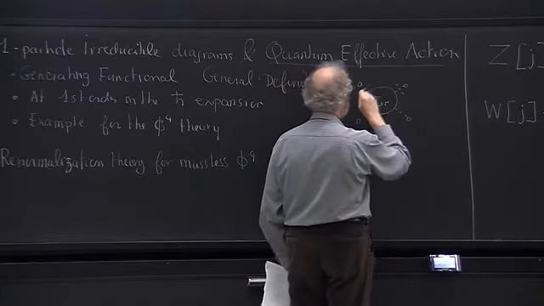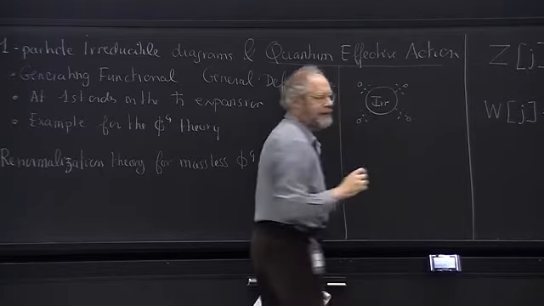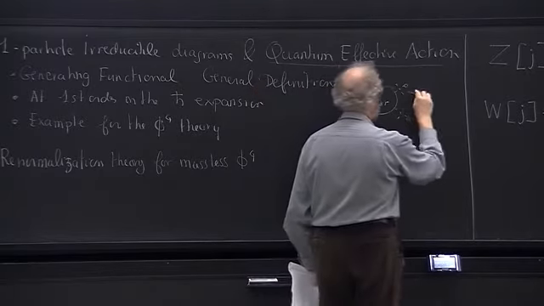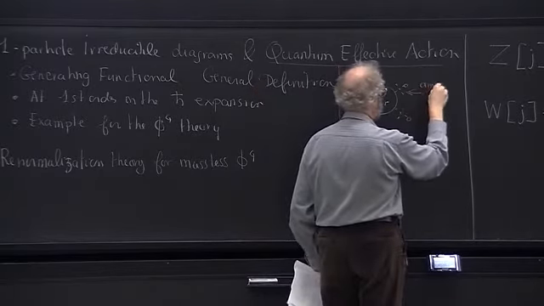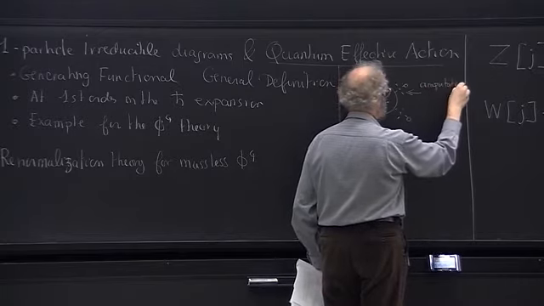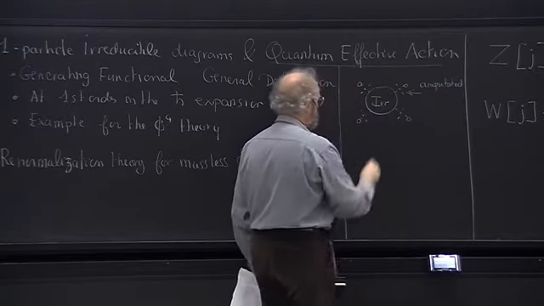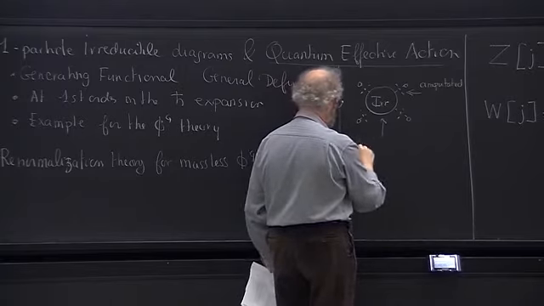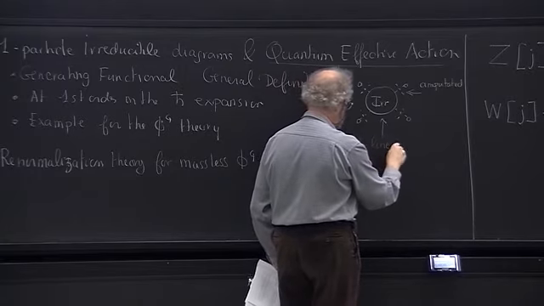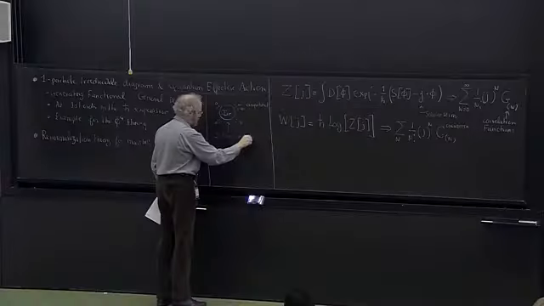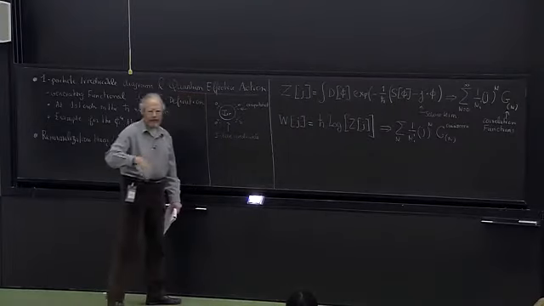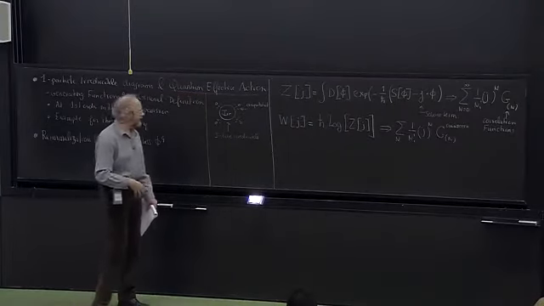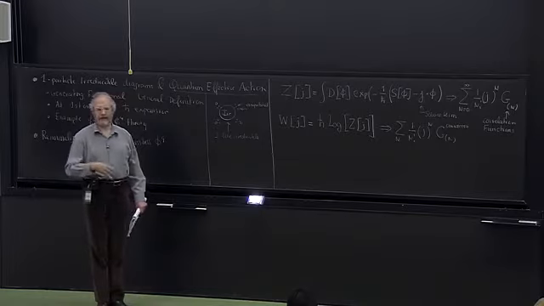They are not part of the diagram. Okay, and this diagram is one line irreducible. Namely, if you cut any of its internal lines, it stays connected.